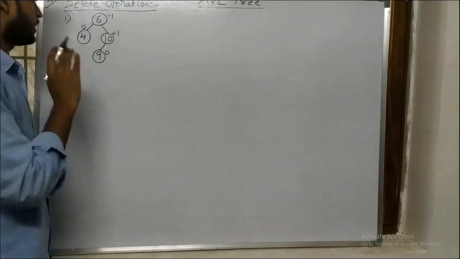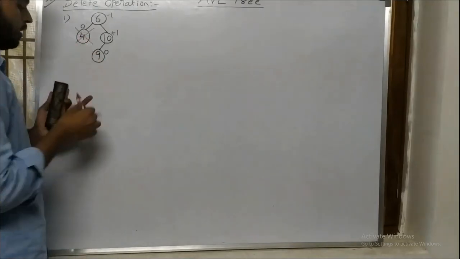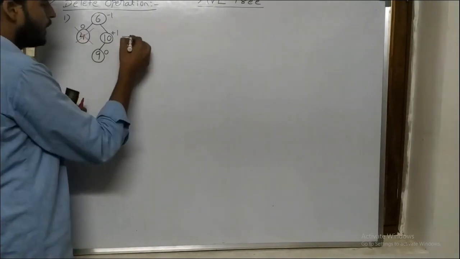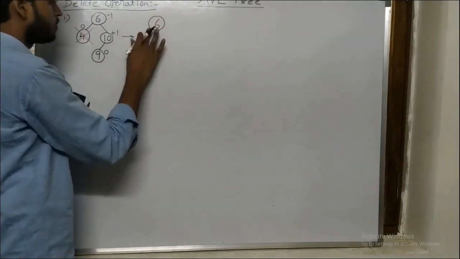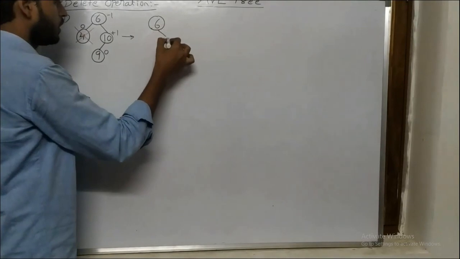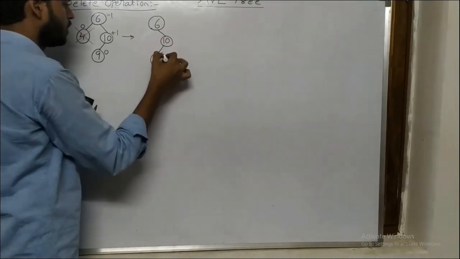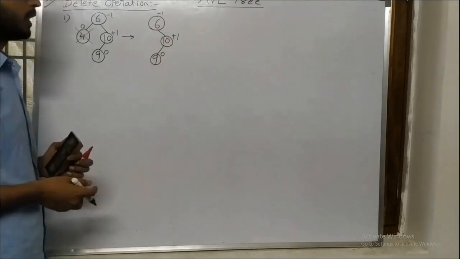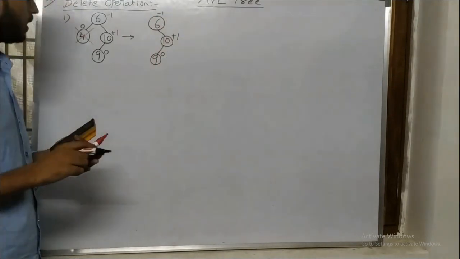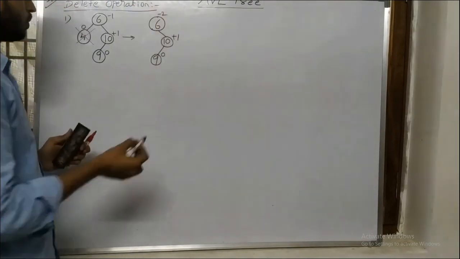The tree is balanced. For example, I have deleted this node. If I delete this node, my tree will look like this: 6, 10, 9. 0, plus 1, minus 1. See here, sorry, not minus 1, it is minus 2.